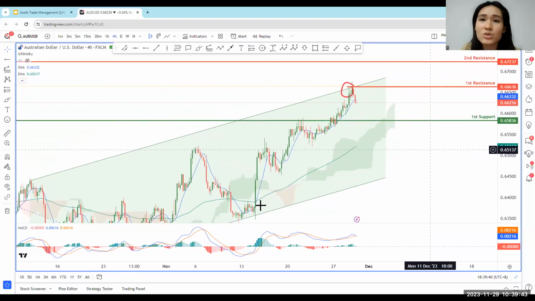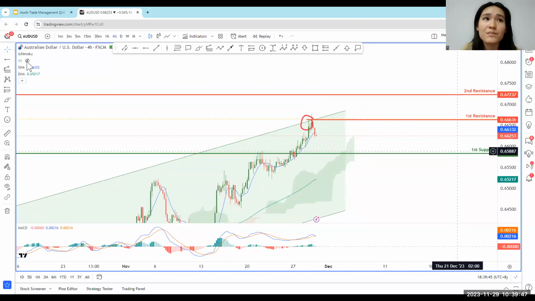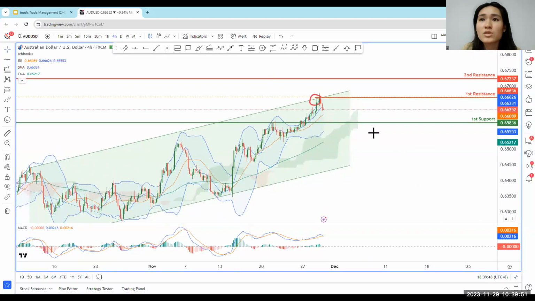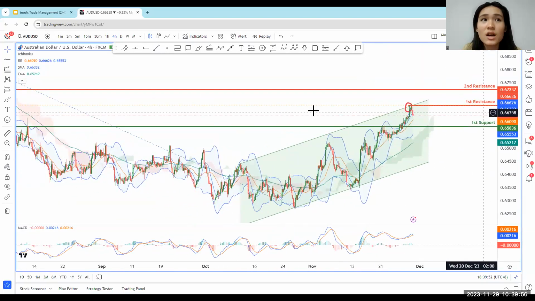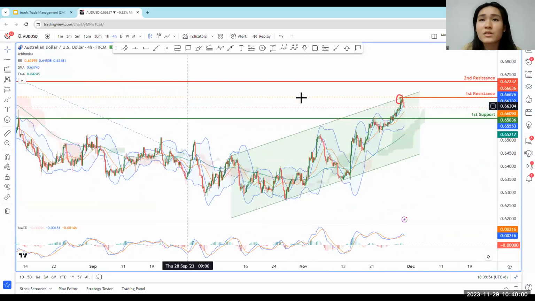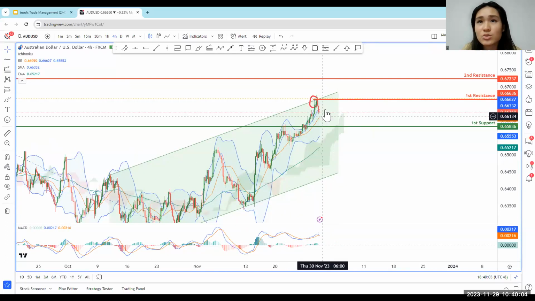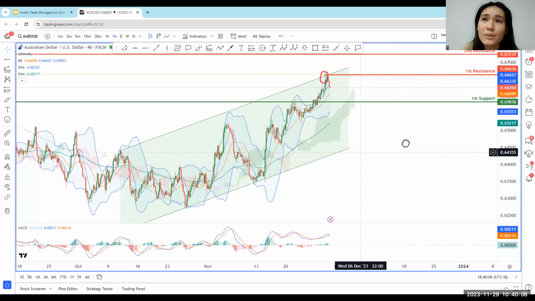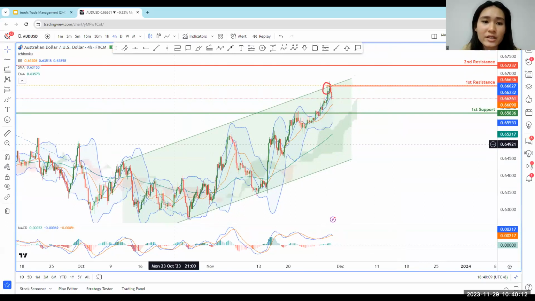And the averages haven't crossed over each other yet, so that's still fine. We are seeing some resistance over here because of this Fibonacci level. But we're still expecting it to continue to rise up towards our second resistance, following the upward trend and still moving within this ascending trend channel.